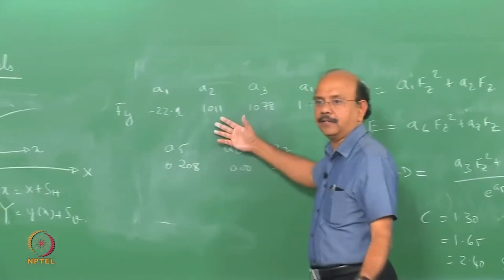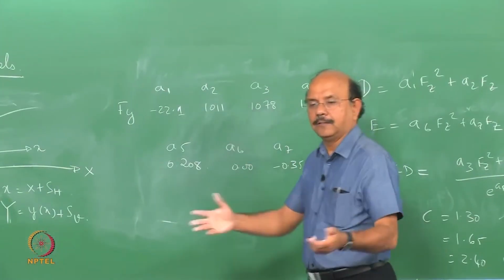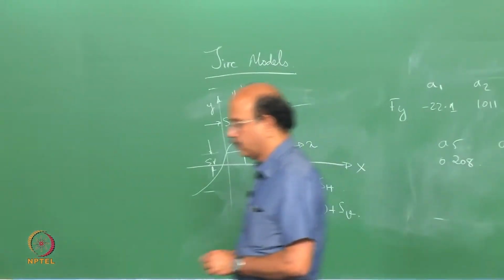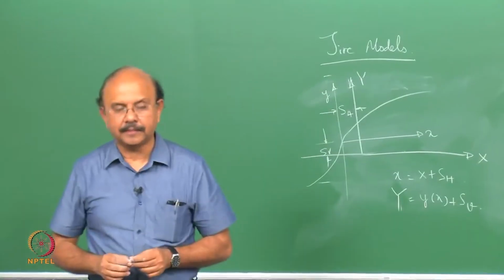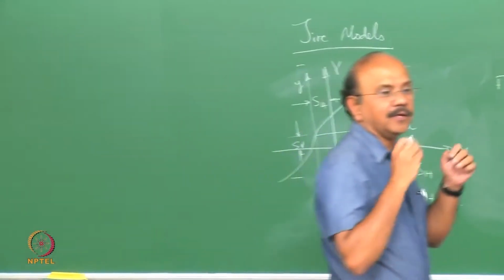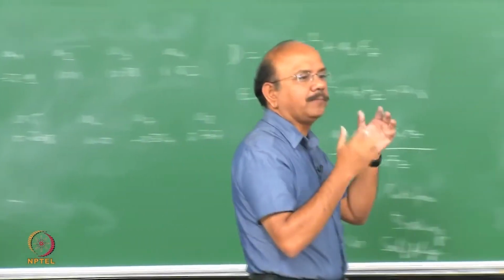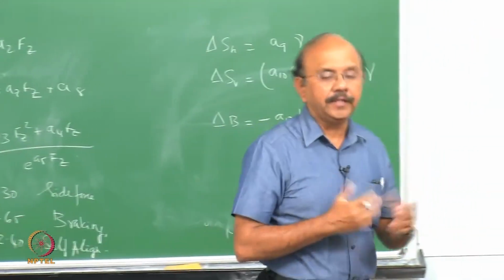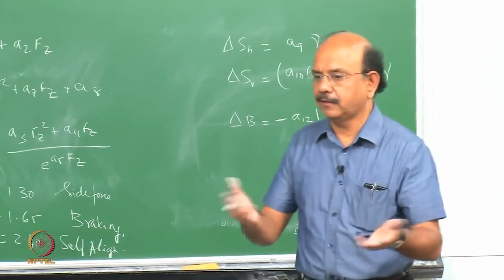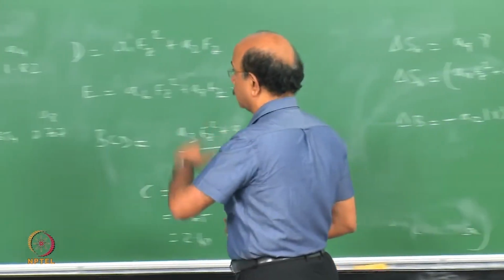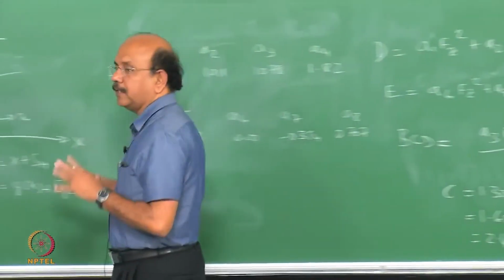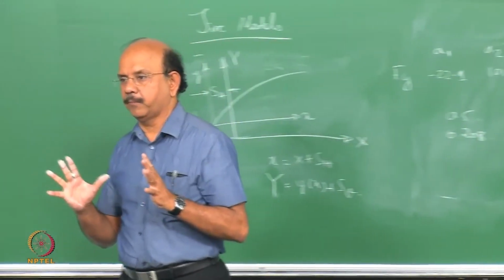If I have another tire, these values will be different. I don't have time now, but if you're interested, we will discuss later how to fit this. It's very important that I get some unique parameters for this formula, so fitting this becomes very important. I had a student who worked on this, and there is a way of fitting this.